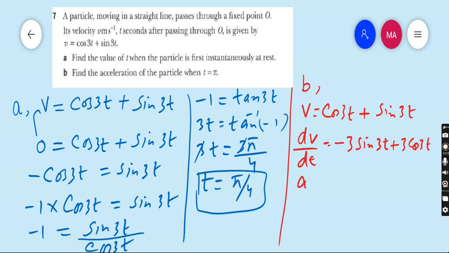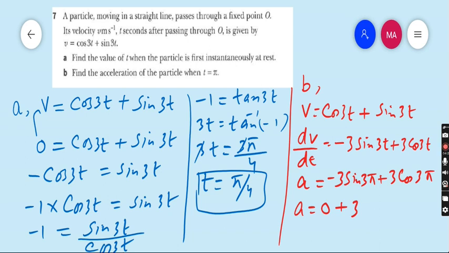So a at t = pi is minus 3 sin 3 pi plus 3 cos 3 pi. So a = sin 3 pi is 0, 0 into minus 3 is 0, plus 3 cos 3 pi.